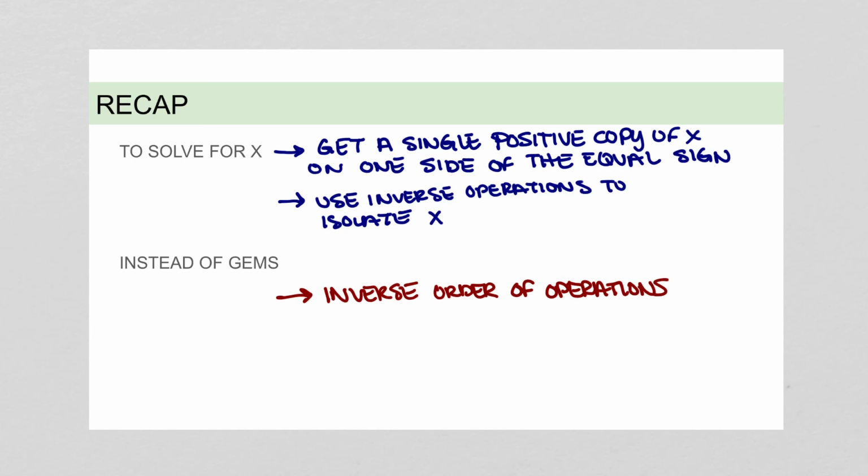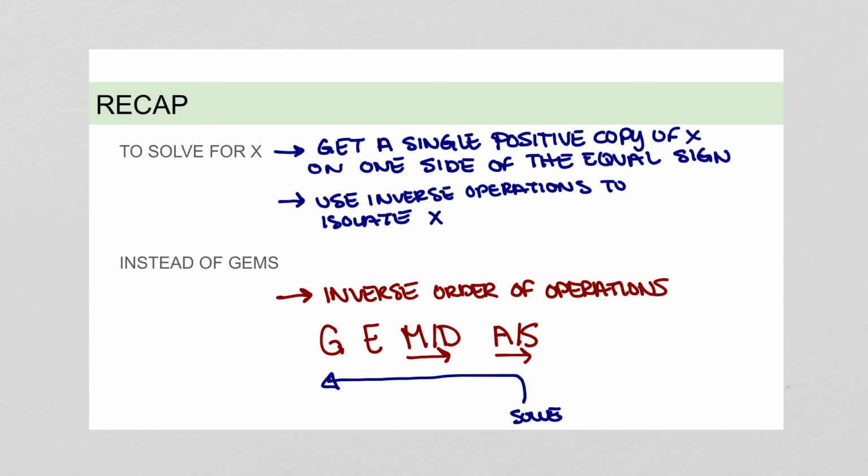Instead of doing grouping, then exponents, then multiply or divide left to right, and add, subtract left to right, when we're solving, we use the inverse. So we're going to take all of that and go the other direction first, okay? So we'll start with addition and subtraction, then we do multiplication, division. If there are any exponents, we'll do that next.